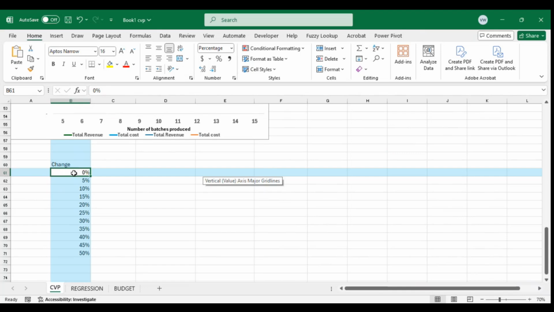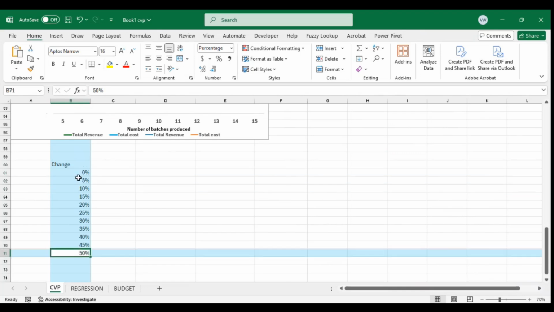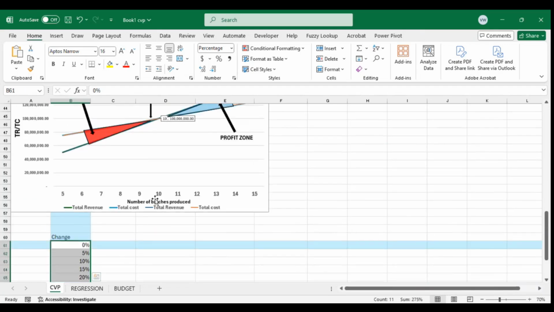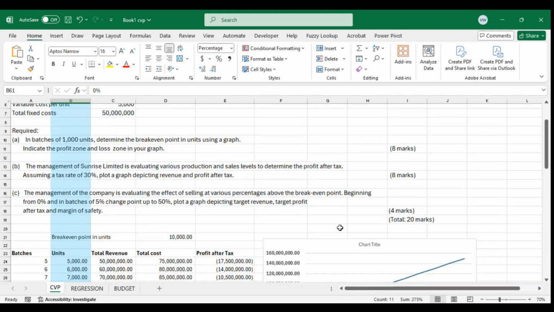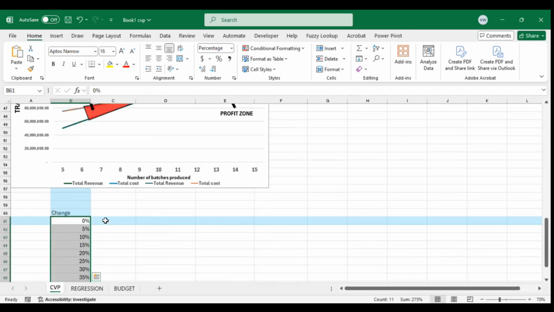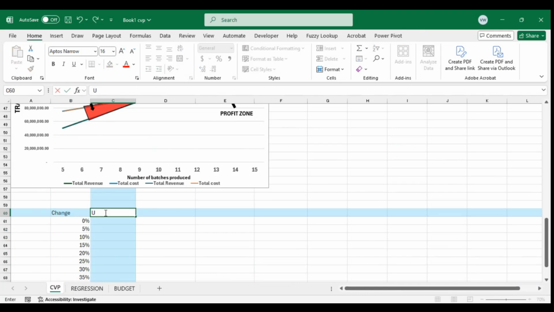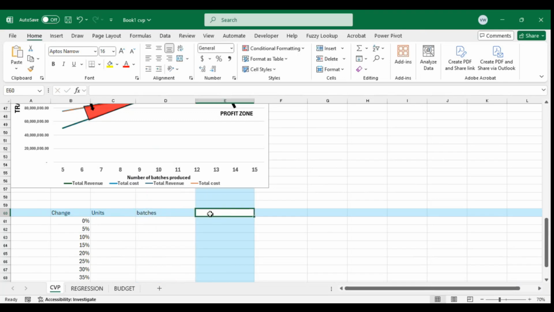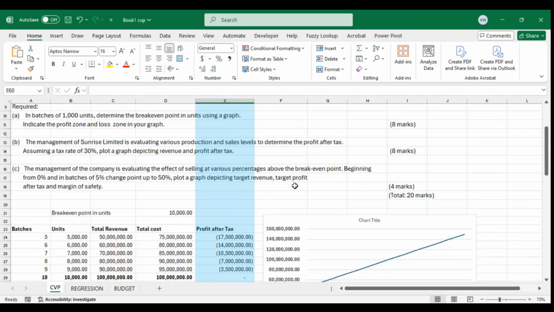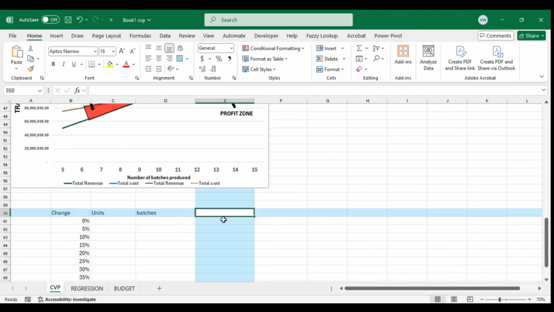So we have 0 to 5 to 10 all the way up to 50, and that is what the question is telling us, beginning from 0% and in batches of 5% changing all the way up to 50. So remember at 0, the company had certain number of units, and it also had certain number of batches on those units. So the question wants us to get the target revenue, the target profit after tax, and the margin of safety based on this.